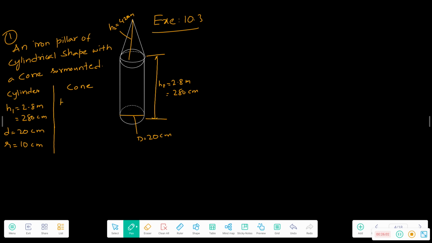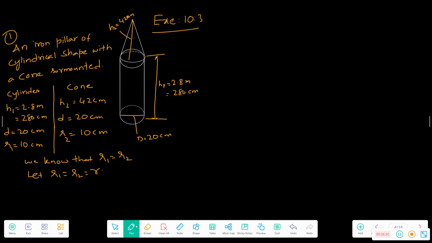For the cone, h2 is 42 centimeter, and d is 20 centimeter, that means r is 10 centimeter. Let these be r1 and r2. We know that r1 is equal to r2, so let r1 = r2 = r = 10 centimeter. These are the dimensions they have given.